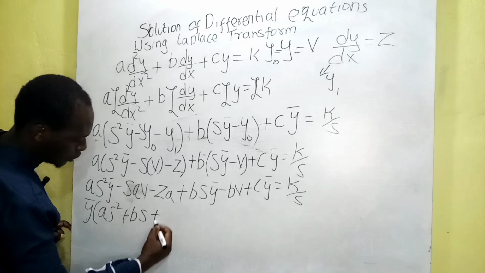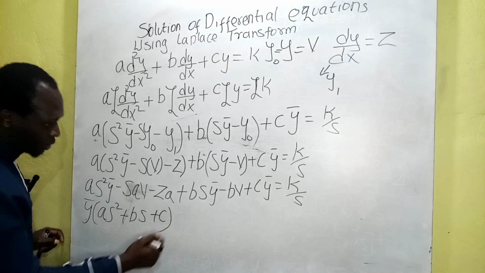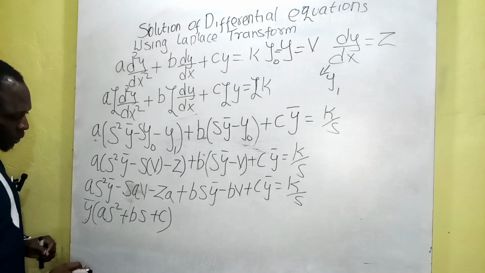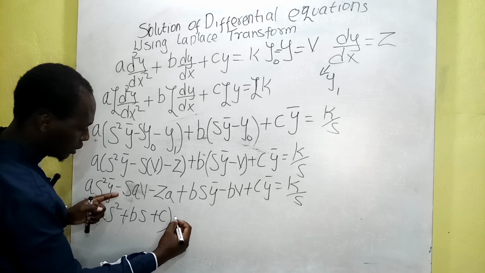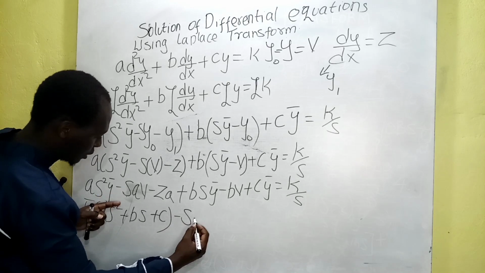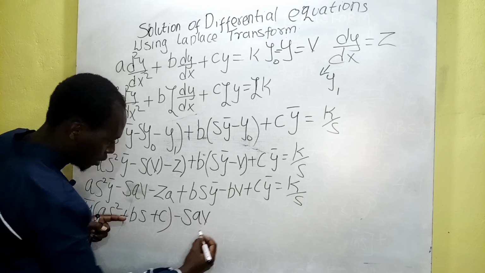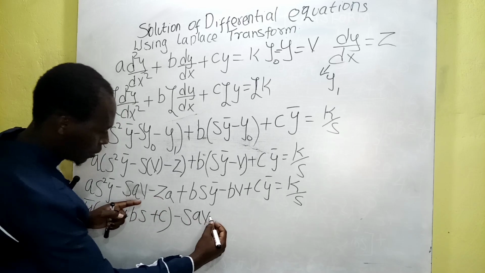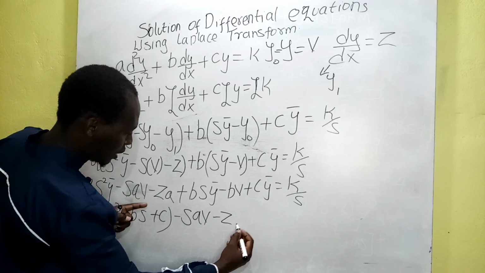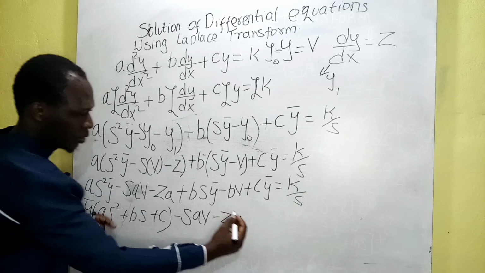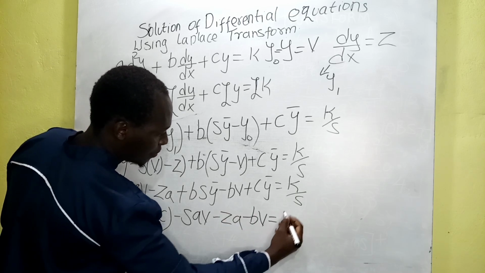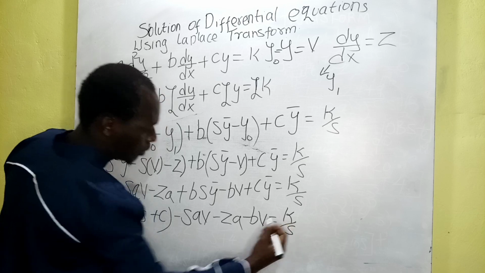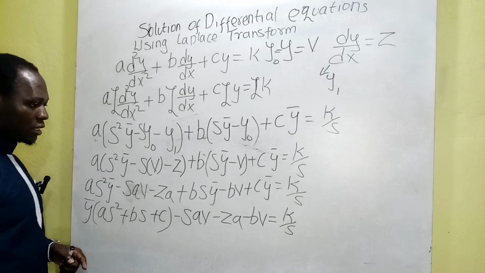We come and add to c, y bar is outside here, and now we are going to have, we subtract from s a v, we subtract from z a, we subtract from b v, everything is equals to k all over s.